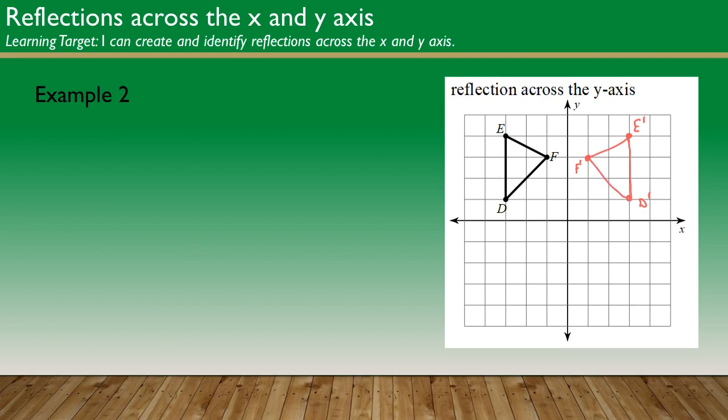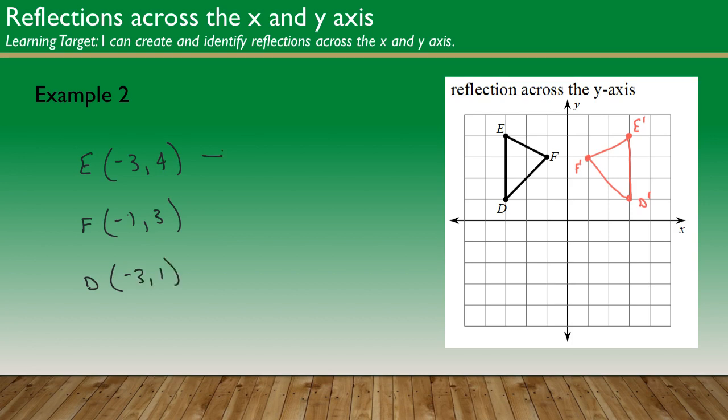That's basically it. Now I could list out the coordinates. My original E is at negative 3, positive 4, F at negative 1, 3, and D at negative 3, 1.